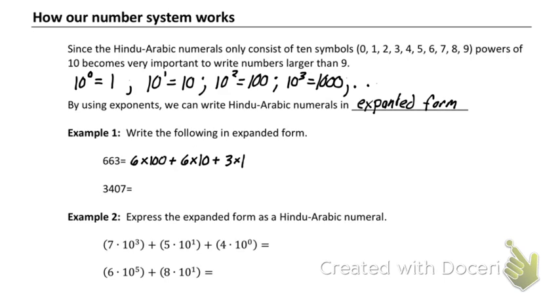Since we're base 10, I just want to use 10s. I don't want to use hundreds, ones, or thousands. So I'm going to rewrite this as 6 times 10 squared plus 6 times 10 to the first plus 3 times 10 to the 0th.